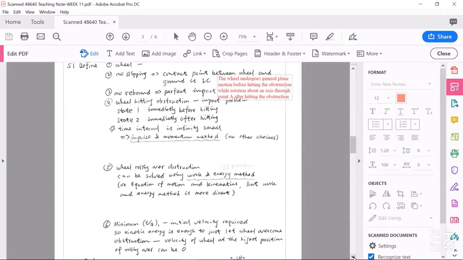State 1 is immediately before hitting, state 2 immediately after hitting. So, you know, the time interval between state 1 and state 2 must be very, very small. It cannot be easily measured. So, for this process from state 1 to state 2, impulse and momentum method should be the only choice.